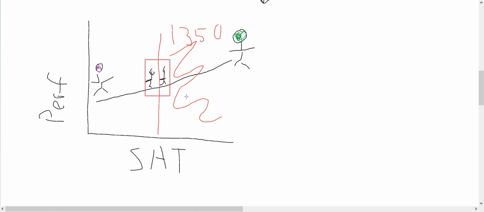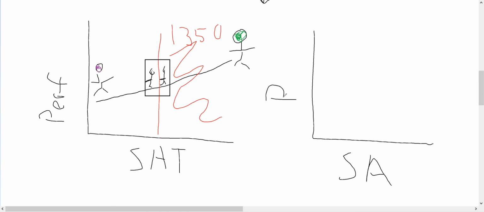So if this is the case, what we can do is exploit this arguably random variation right around the cutoff to get credible causal estimates. So what we can do in an RD is, just to draw the same graph again, think about this cutoff. So here's SAT and performance. And here's our line for qualifying for the scholarship.